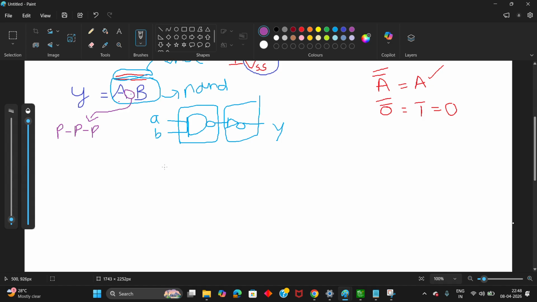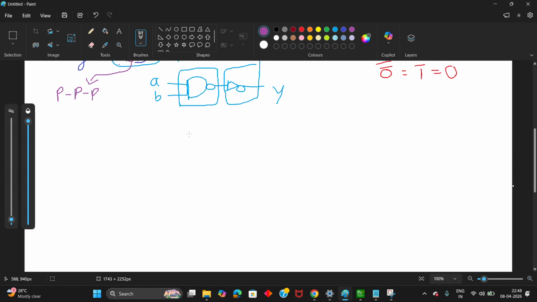Okay, so let us take the two PMOSs and connect them in parallel. Let me show you. You are going to take two PMOSs like this. This is one PMOS, assume it as P1. Let me take another PMOS like this. This is PMOS 2, assume it as P2.